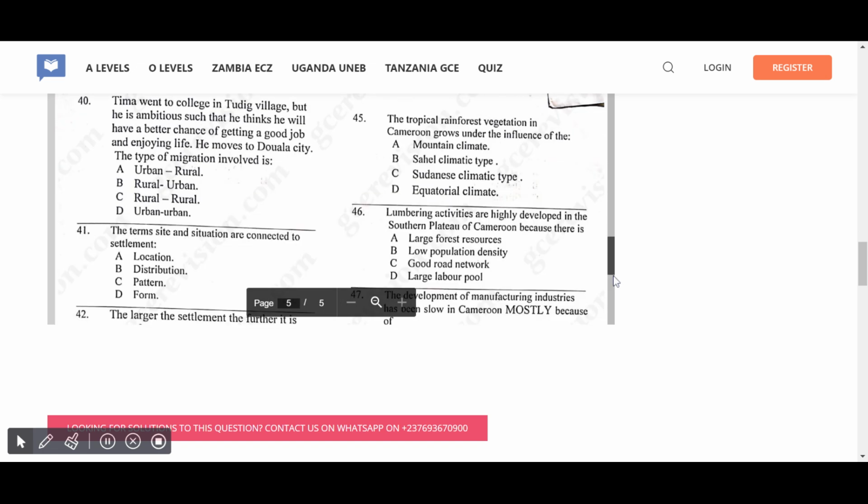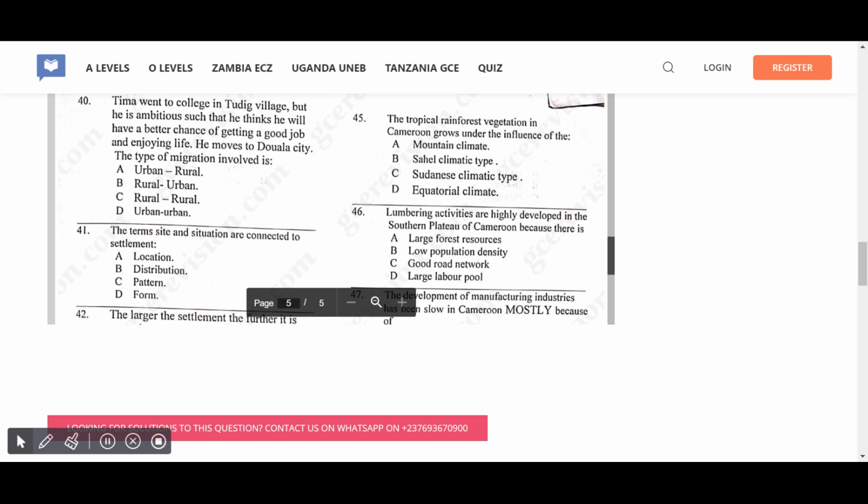Question 40. Tima went to college in Tudik village, but he is ambitious such that he thinks he will have a better chance of getting a good job and enjoying life.